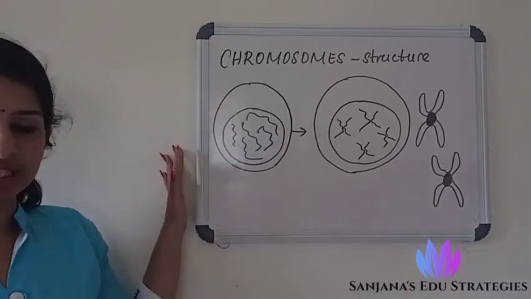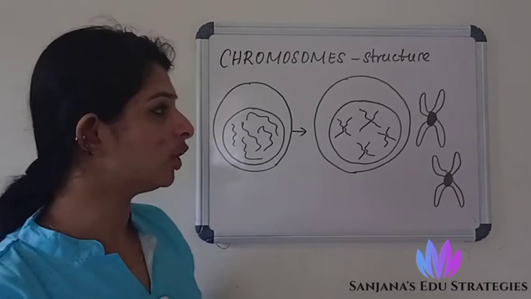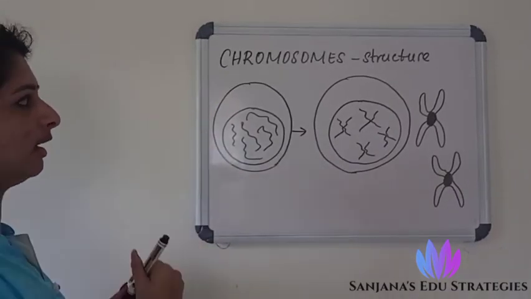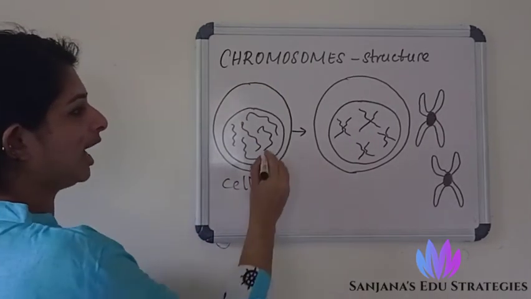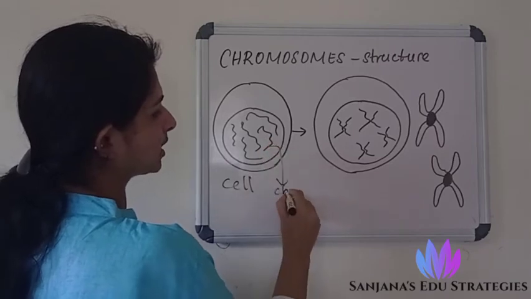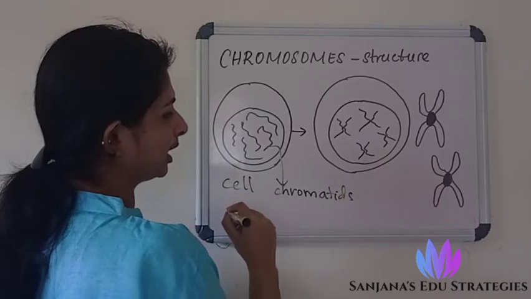First we'll see the structure of a chromosome. This is a cell. Within a cell you will have a nucleus. These are chromatids or chromatin fibers.